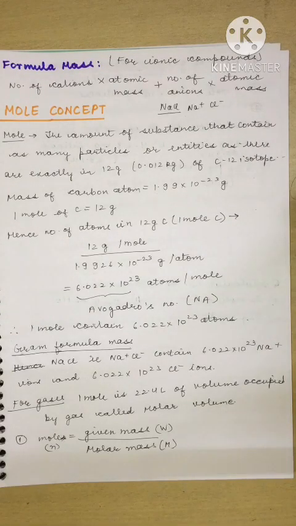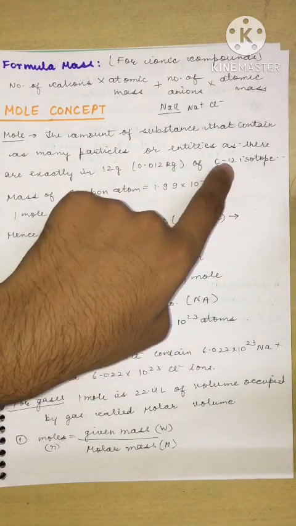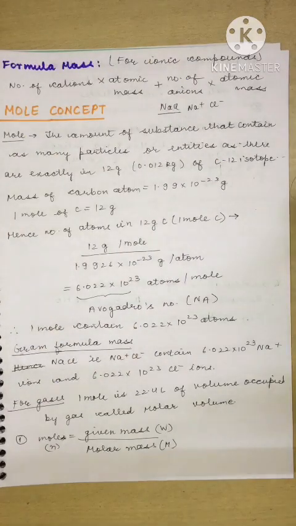So they are saying that mole is that amount of substance in which the particles are equal to the number of particles in 12 gram C12 isotope. Means whatever are the number of particles in 12 gram of this carbon-12 isotope, the same number of particles will be there in 1 mole of any substance.